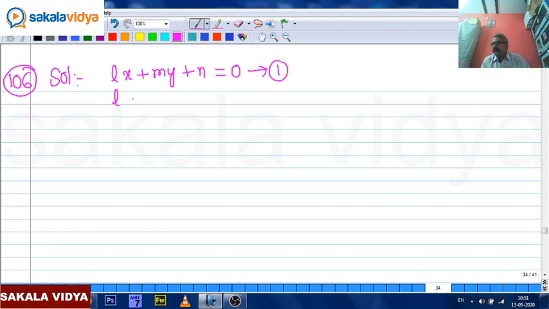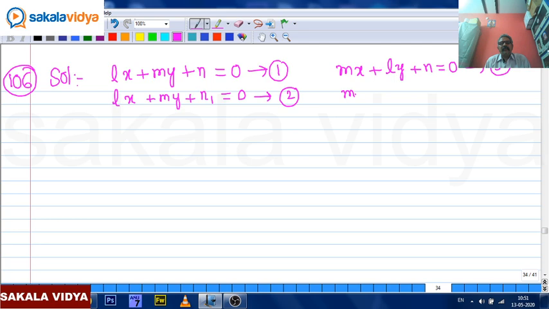Next equation Lx plus my plus n1 equals to 0, this is the second equation. What is the third equation? Mx plus ly plus n equals to 0, equation 3. Mx plus ly plus n1 equals to 0, this is the fourth equation. So let us draw the figure now.